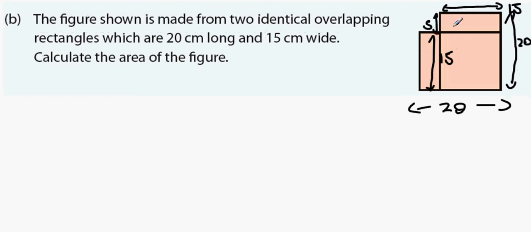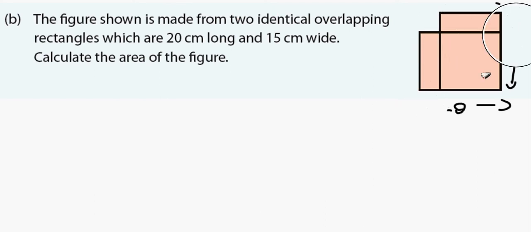Okay, so what we can now do, once you know all these figures, is this is going to be 5 by 15. It's the area of a rectangle, so 5 multiplied by 15 gives you 75. This one here is also going to be 5 by 15, that's also going to give you 75.